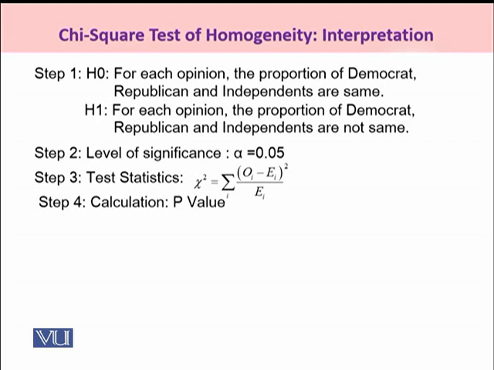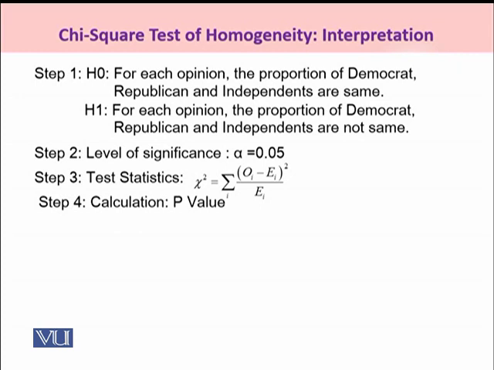Under H0, we have reported that for each opinion, the proportion of Democrat, Republican and Independents are the same. Whereas under H1, for each opinion, the proportion of Democrat, Republicans and Independents are not the same.